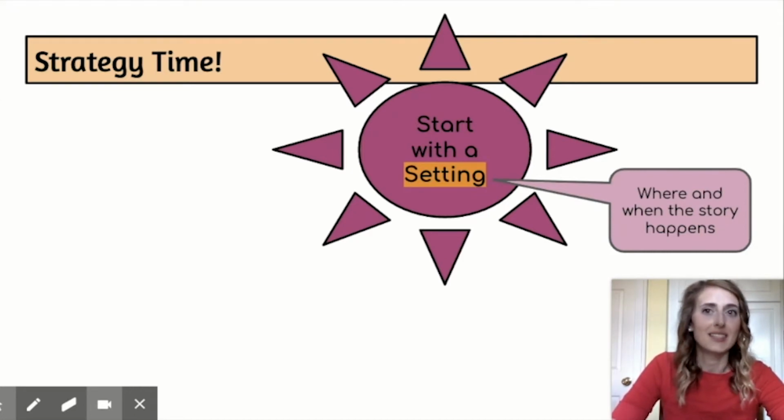I chose the sun for this one because maybe my setting is outside on a sunny day. Or maybe you're like me and you've been spending a lot of time inside recently. Like right now, I'm in the kitchen. And I'm going to look around and get ideas for stories from the setting.